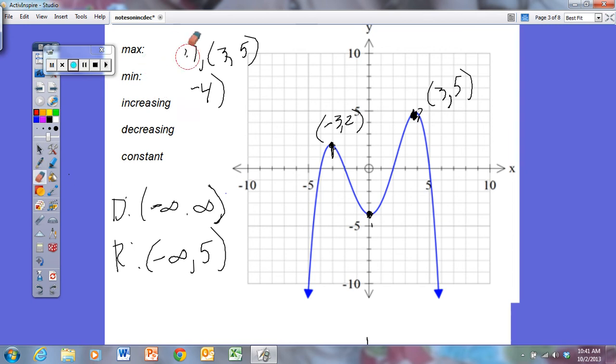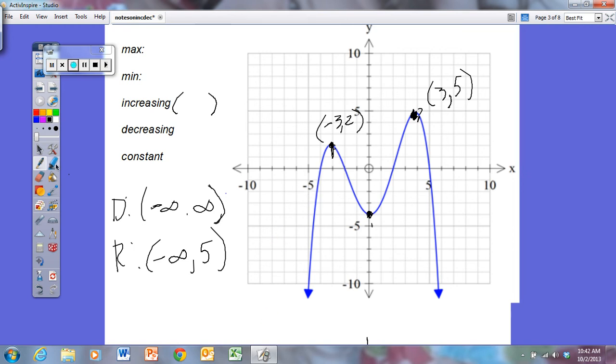Now for the really important part. On what intervals is the function increasing? So the trick here is your answer is going to be x values, but what you're really looking at is when is the y increasing. So if I started down here, or way over here, where x is negative infinity, the graph is down at like negative 1,000,000, but it's still getting bigger and bigger and bigger as I come across the graph.